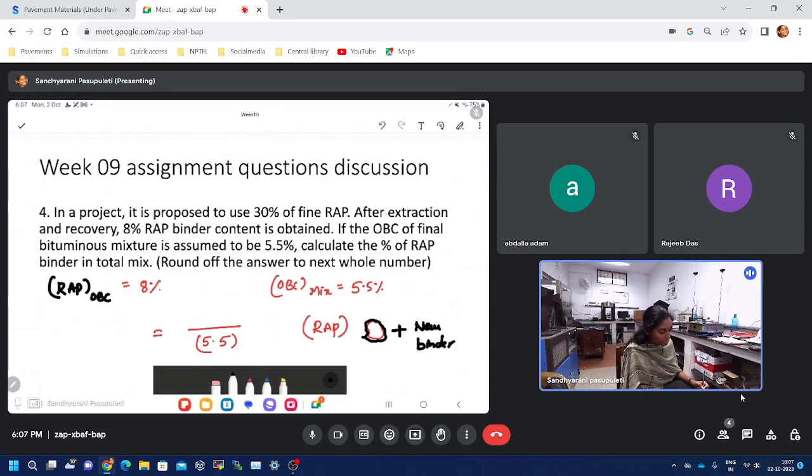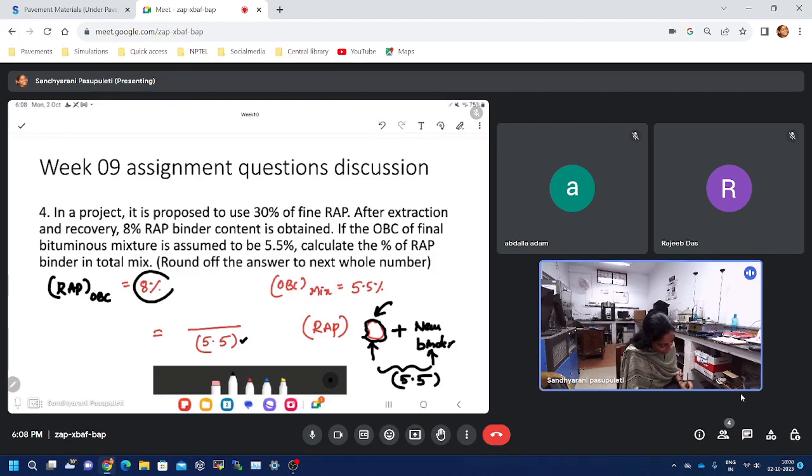So this binder around the RAP aggregate plus this newly added binder together is called the total OBC. This total OBC is given as 5.5. In this 5.5 percent of OBC, what is the percentage of RAP binder? That is the question. So how do we calculate that?